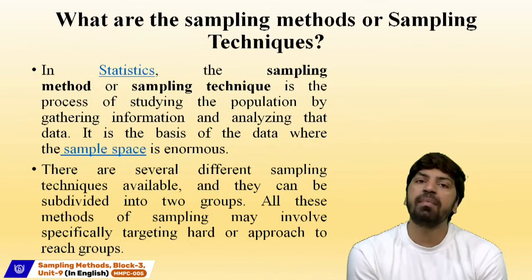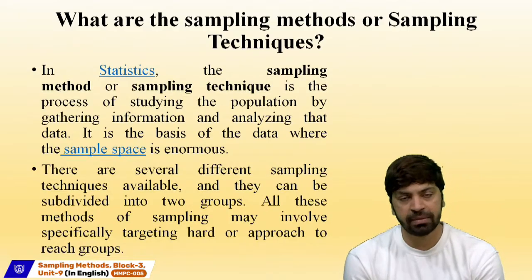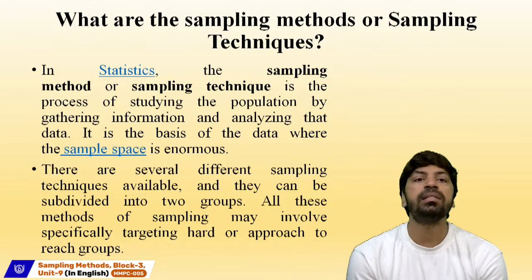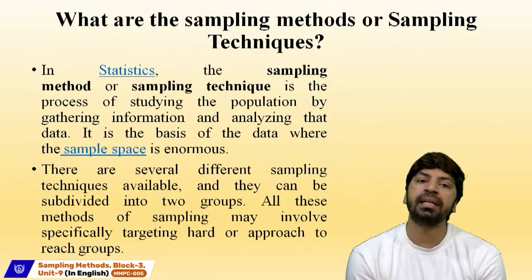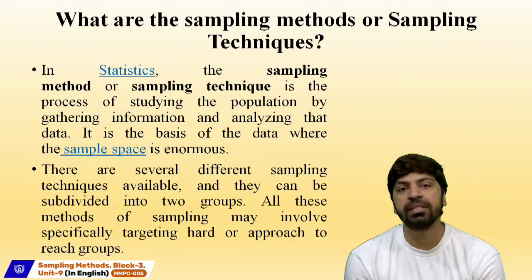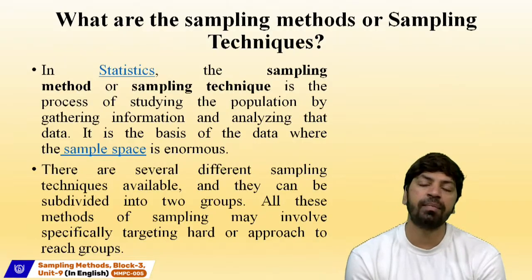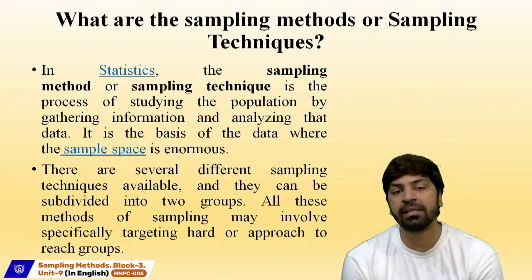Now we can come to the next section: what are the sampling methods or sampling techniques. In statistics, the sampling method or sampling technique is the process by which a researcher studies the population by gathering information and analyzing that data.